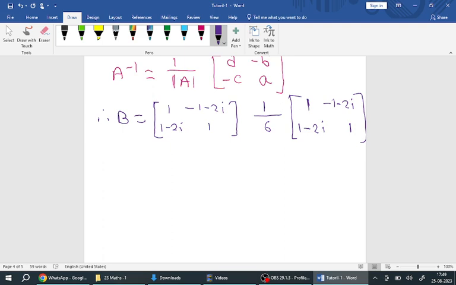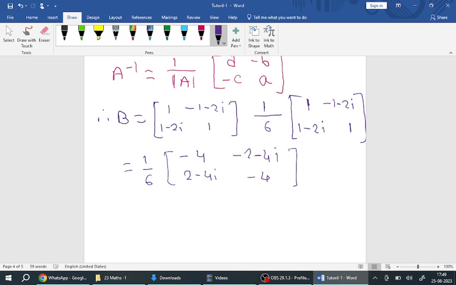We have to multiply these two matrices together. 1 by 6 is a constant as it is, and we require first row, first column multiplication. Doing the matrix multiplication with these formulas, you will get minus 4, then first row second column minus 2 minus 4i. Second row first column you will get 2 minus 4i, and lastly second row, second column will be minus 4 again. You can cross check.